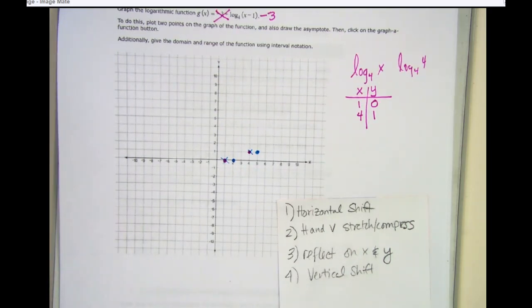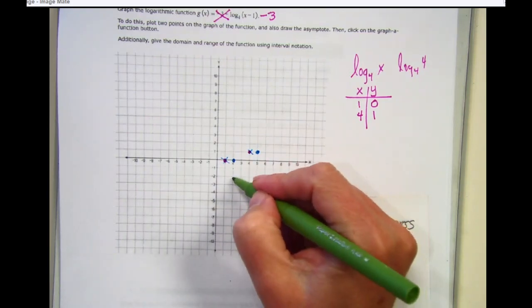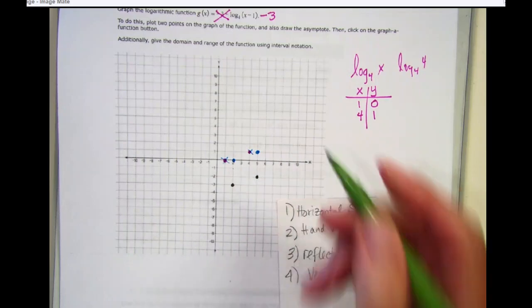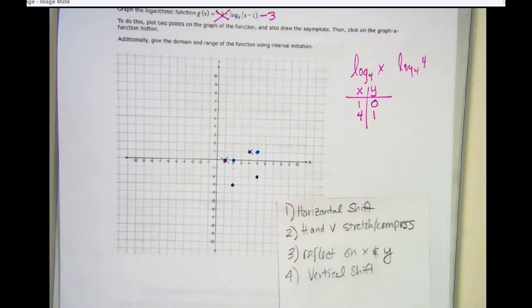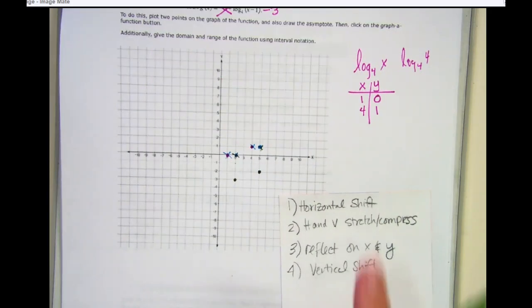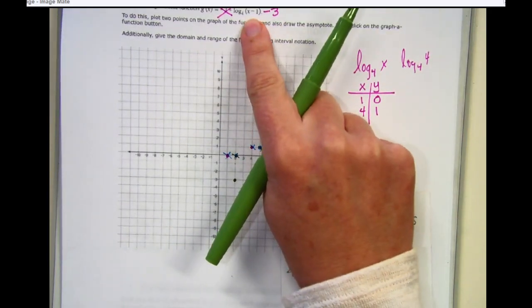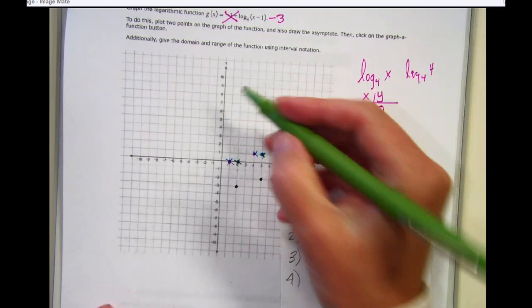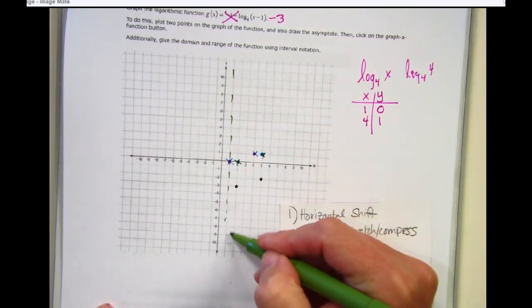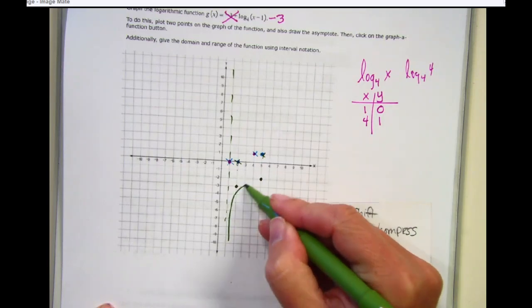And what does it say to do? 1, 2, 3. Down 3. Those are gone. Where is my asymptote? What did I do? I moved everything to the right 1. And then you can just hit the connect the dots tool.